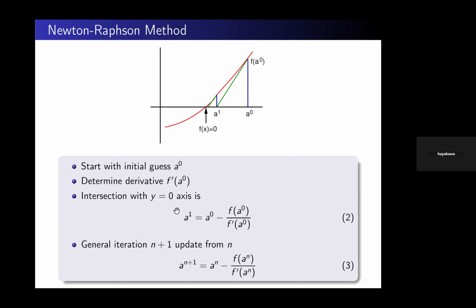So in the first step, you take your initial guess and you subtract off these to get this. It's basically just figuring out how you determine this A1. And for a general A n plus 1, you take the previous step and you subtract off the function at the previous step divided by the function derivative at the previous step.